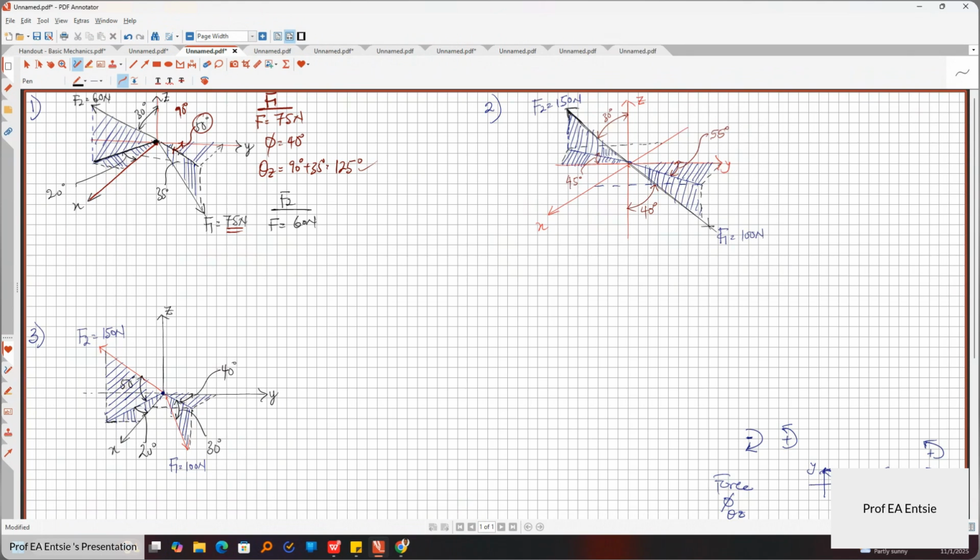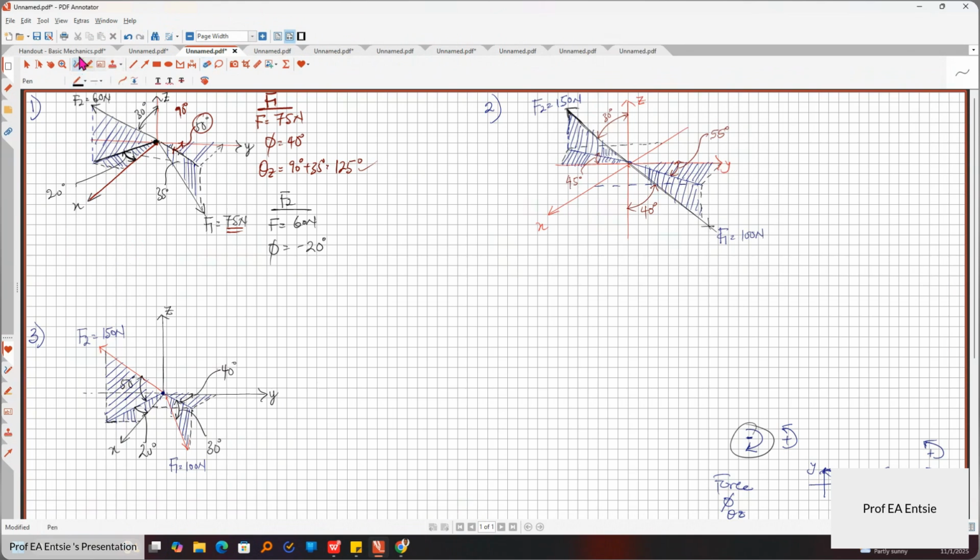What's the angle between the positive x-axis and the base of the plane? It's 20. But look at how we read it. We went clockwise this way, so it will be negative, because I've told you clockwise is negative. Negative 20 degrees.